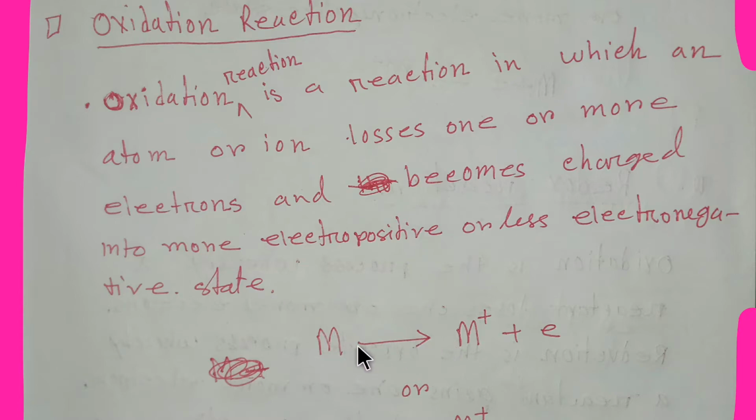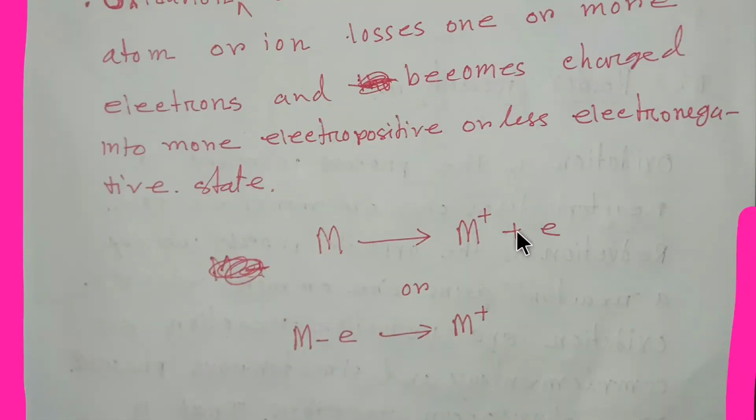If you see, this is an oxidation reaction because this is becoming more electropositive and less electronegative, and it is releasing one electron. You can represent this reaction this way or this way. Here one electron is released.